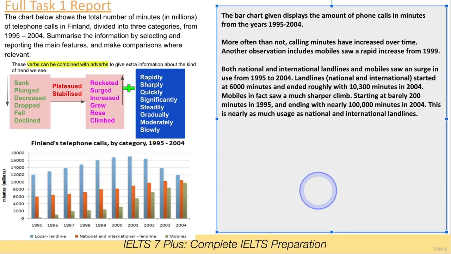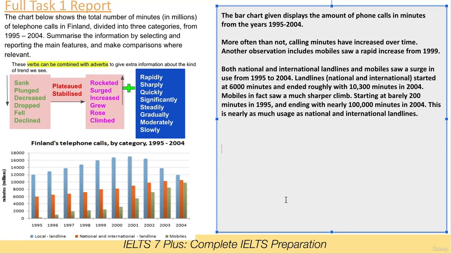Both national and international landlines and mobiles saw a surge in use from 1995 to 2004. Landlines, national and international, started at 6,000 minutes and ended roughly with 10,300 minutes in 2004.